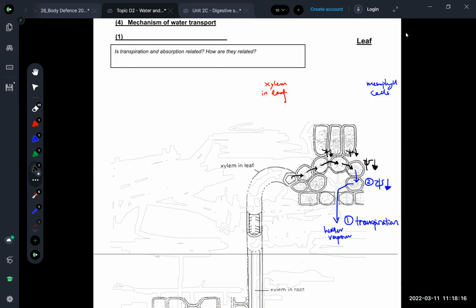So this is how a mesophyll cell, when it loses water, will continue to draw water, draw water, draw water, and eventually it draws water from the xylem. This is what happened. Okay, you don't need to copy, but this is what happened.